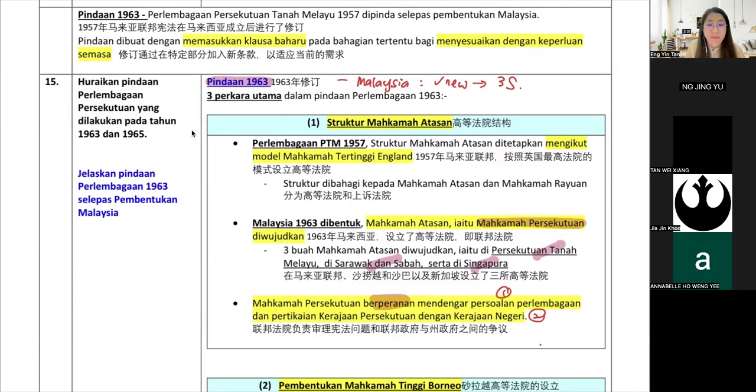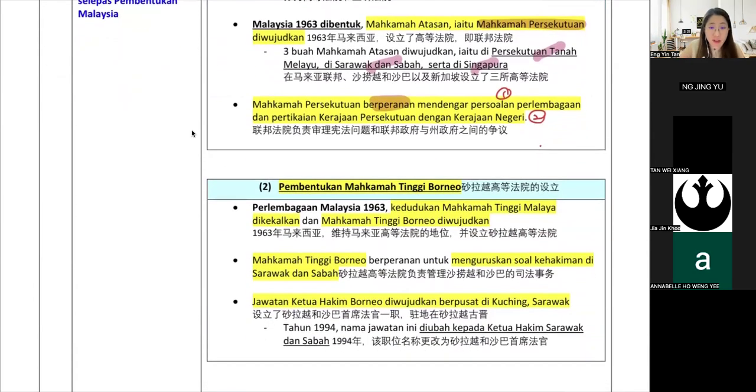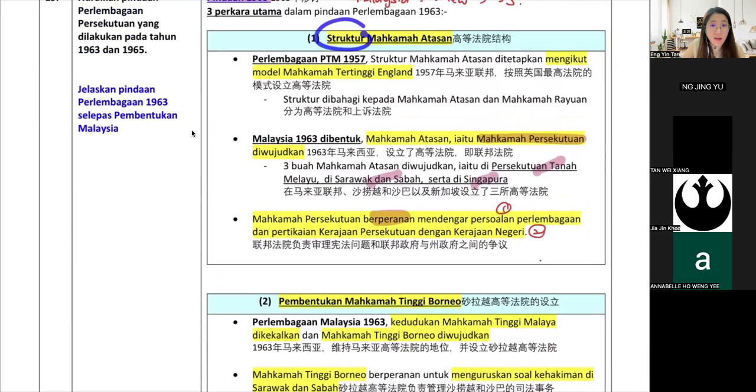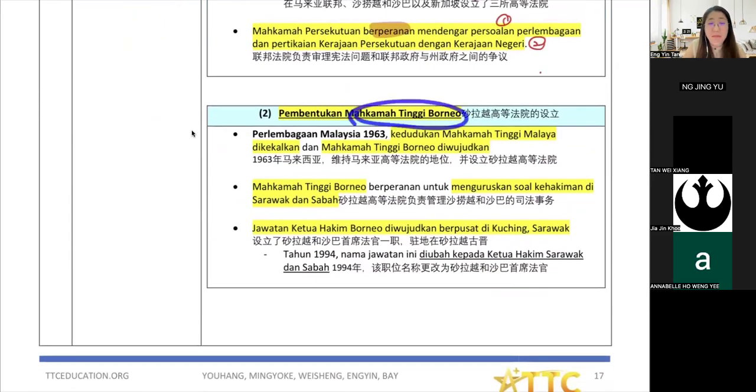Structure Mahkamah Atasan. Then after that, because Sabah Sarawak joined us, we need to set up the Mahkamah system for them. Different, guys. This one is the structure. This one is talking about us forming the Mahkamah for Borneo, which is Sabah Sarawak. West Malaysia here, we already have our Mahkamah Tinggi. Mahkamah means the court.